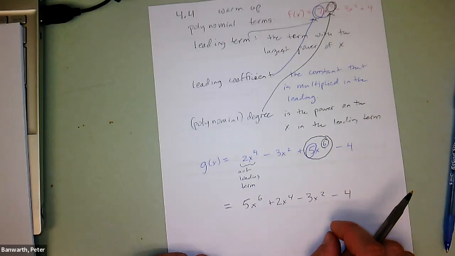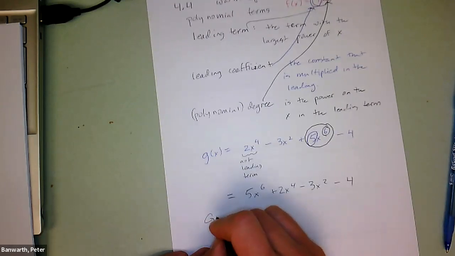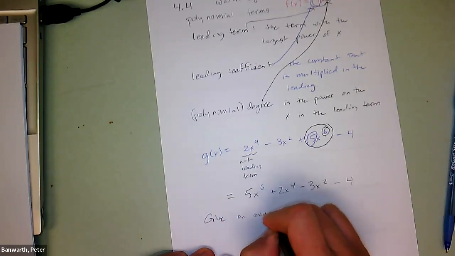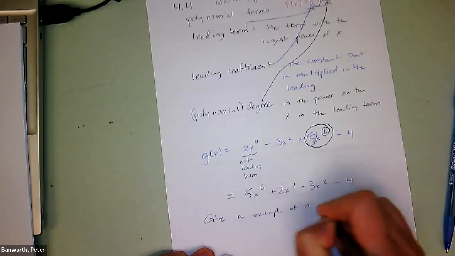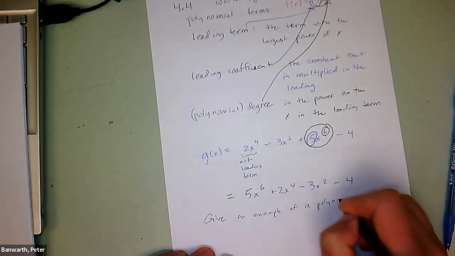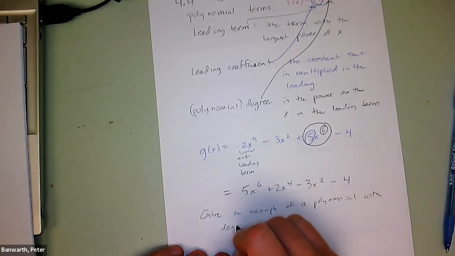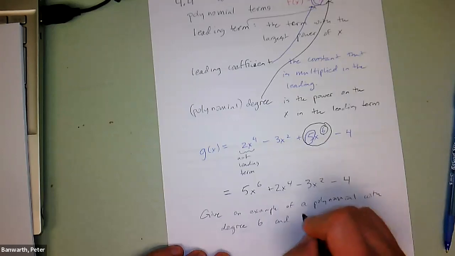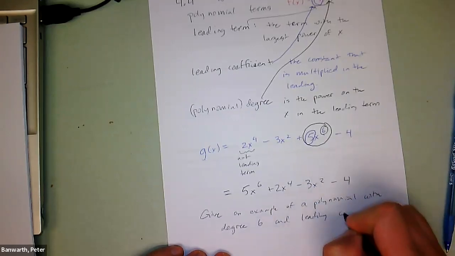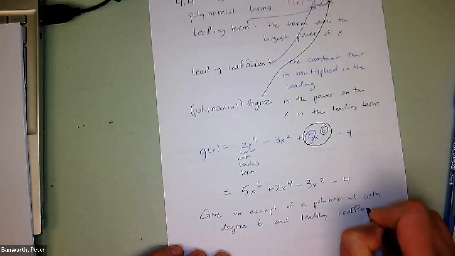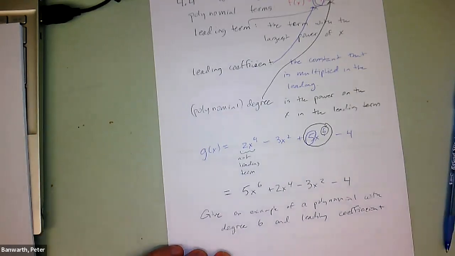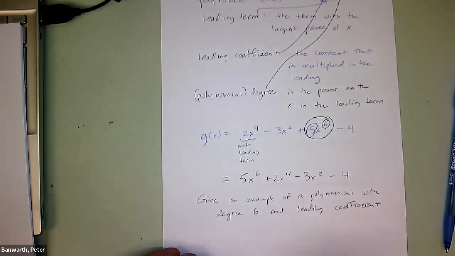All right, let's give an example of a polynomial with degree 6 and leading coefficient. I know my handwriting is terrible, but I don't care because I'm doing this for all of you guys, and I hope it's helpful.